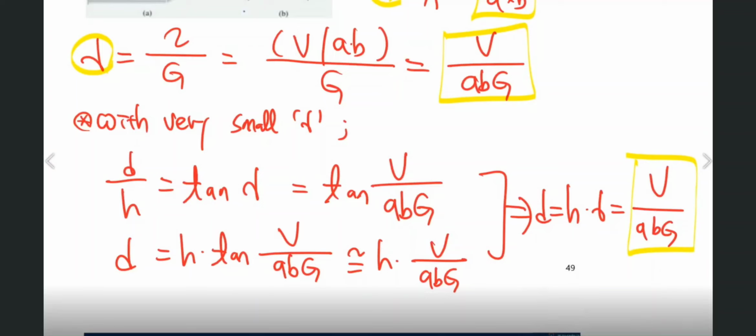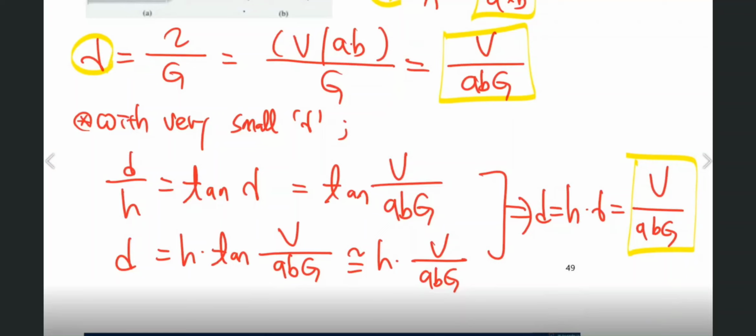So using the geometrical condition of this deformation, we can define the shear stress, and after that we can define the shear strain, and using the specific geometric condition with very small gamma, we can identify the tangent gamma is equal to D over H, and eventually we can define the total horizontal displacement D as HV over ABG.